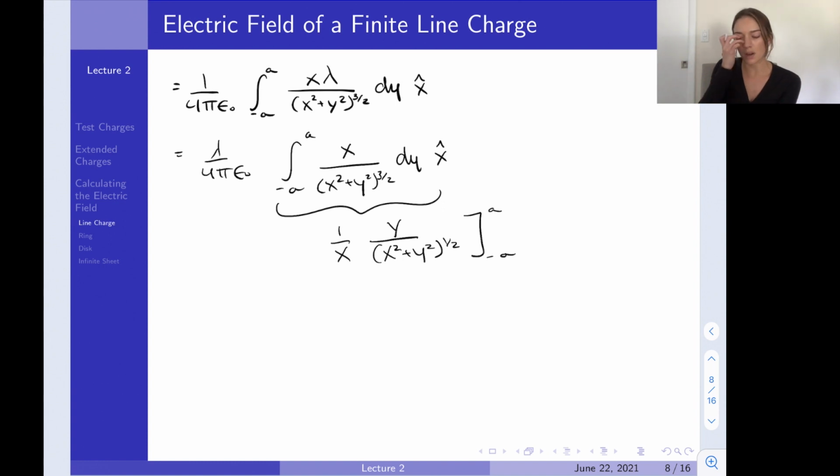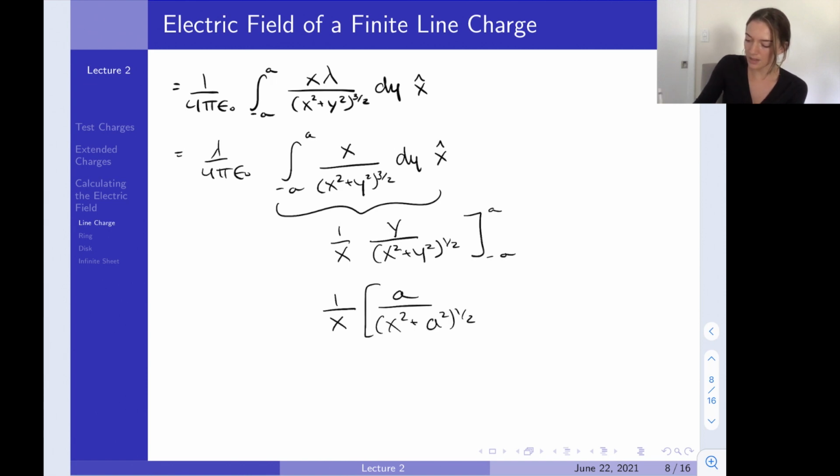So I would just give you what this integrates out to. Okay, so now we can just plug in our limits of integration. Our constants, let's keep out here. So our limits of integration, we still have 1 over x. Y is a in the first one, x squared plus a squared to the 1/2, and x is a constant out there.